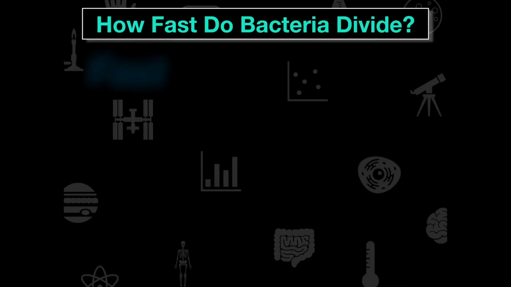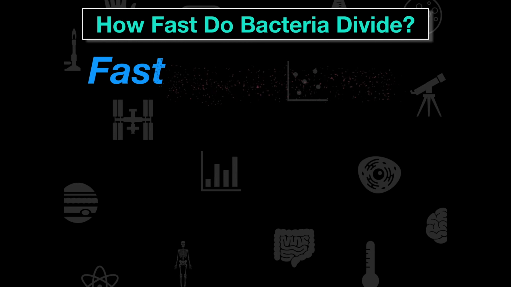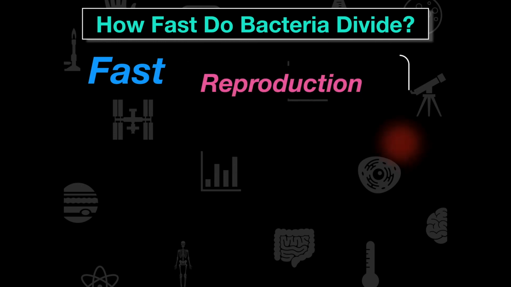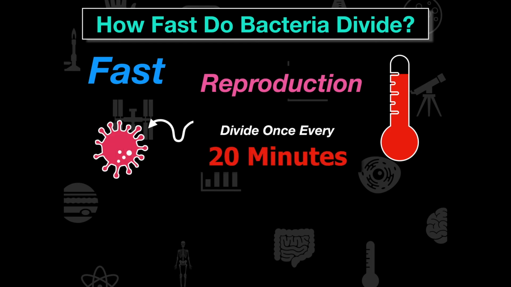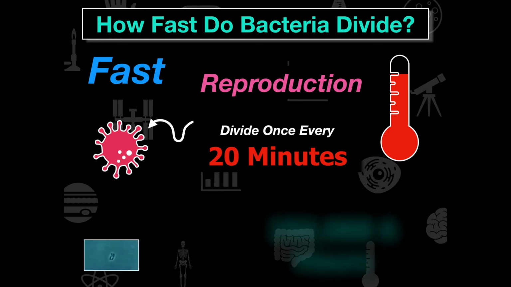Now, this is important for bacteria because they can divide very, very fast. So reproduction depends on how favorable the environment is, and if the bacteria can rapidly evolve to that environment, we can get lots of bacteria in unfavorable environments based on these plasmids. As a general rule of thumb, bacteria are going to divide once every 20 minutes.